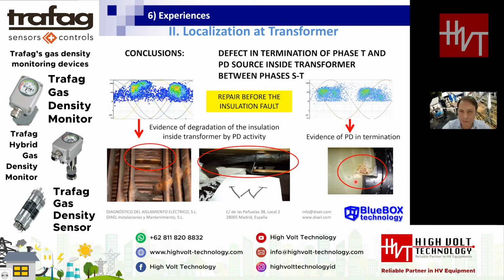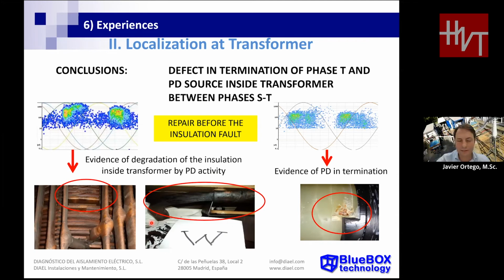Okay, so this is very interesting, because when you are doing other kinds of predictive maintenance on the transformer, you will be able to find problems with the oil. If you do DGA analysis, for example, you can find something like this.